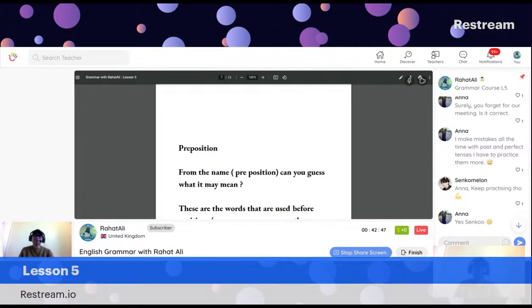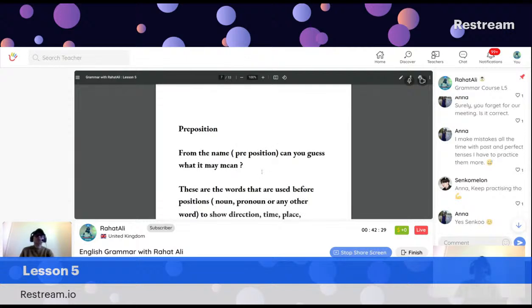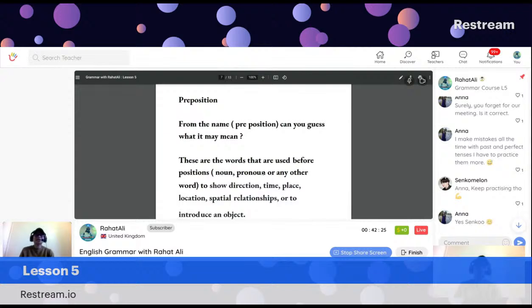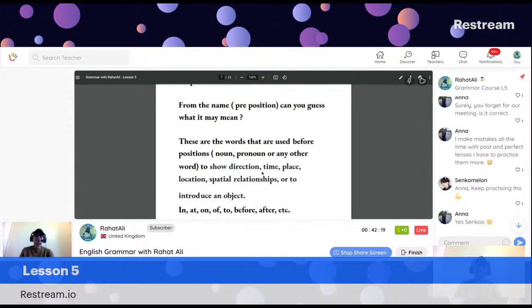Pre is the prefix, post is the suffix, but together they are called affixes. So preposition means these are the words that are used before a noun, pronoun, or any other word to show direction, time, place, location, spatial relationship or to introduce an object.